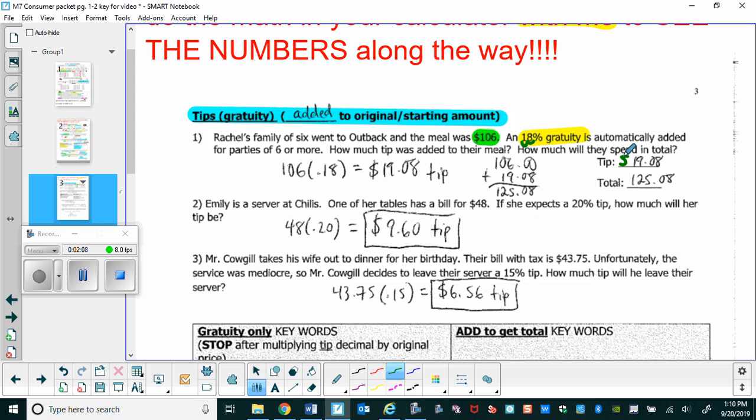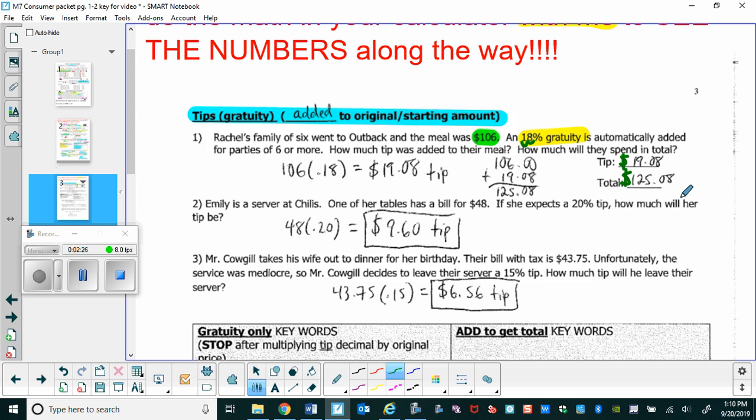The only thing I'm missing over here is dollar signs. We want to label our answer with dollar signs because we're talking about money. All right, so you can see it's the same process as calculating a discount, but instead of subtracting the discount to get the sale price, we add the tip or add the gratuity to get the total amount.